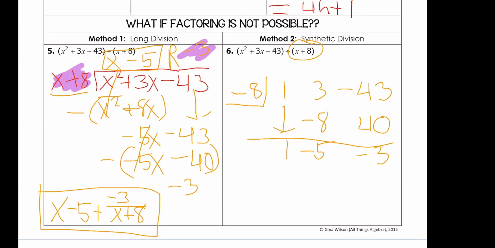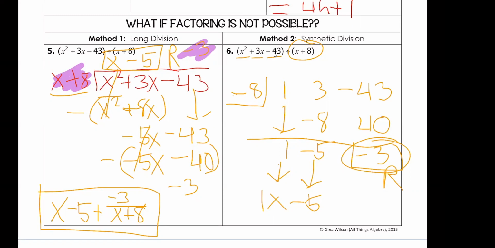In our original problem, this was an x squared, an x, and a constant. Basically, it goes down: this is my x term, so I have 1x, and this is my constant. Your last square is always your remainder.